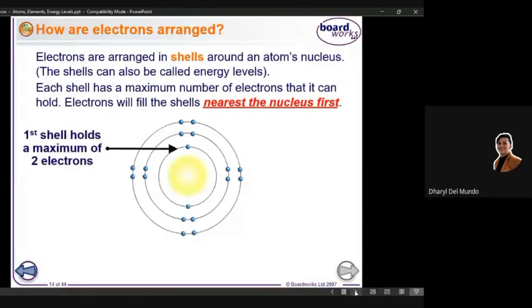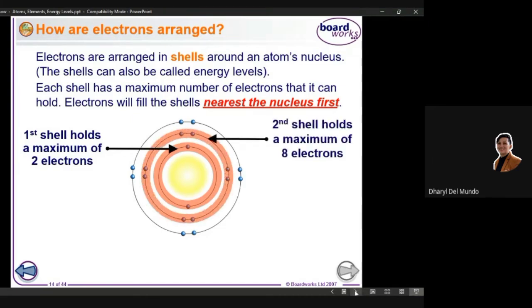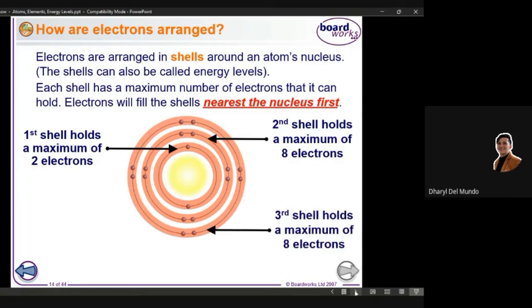Like I said a while ago, the first shell holds a maximum of 2 electrons, the second shell holds a maximum of 8 electrons, and the third shell holds a maximum of 8 electrons again. That is the maximum, meaning to say there's a minimum. It can be 1 in the first, in the second, and in the third.